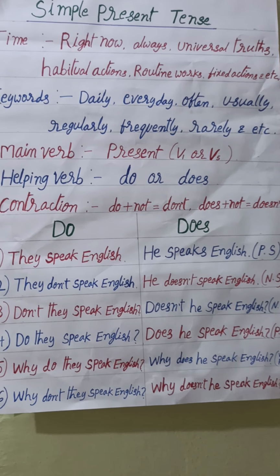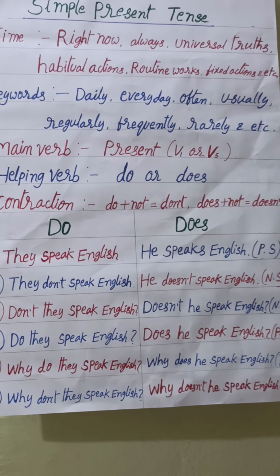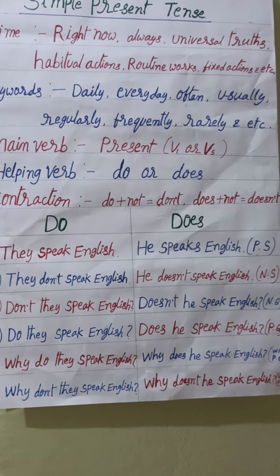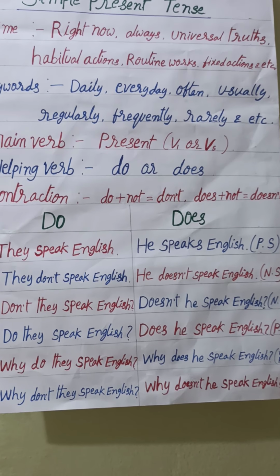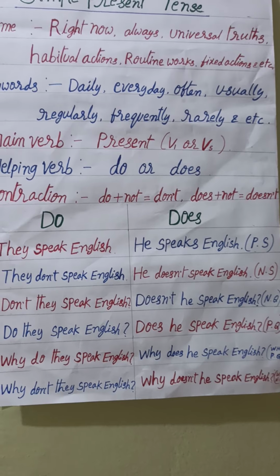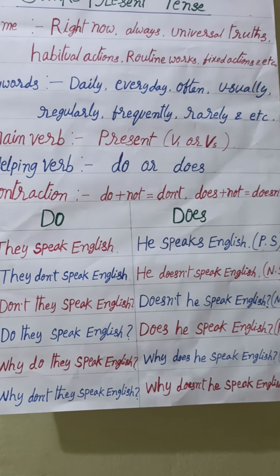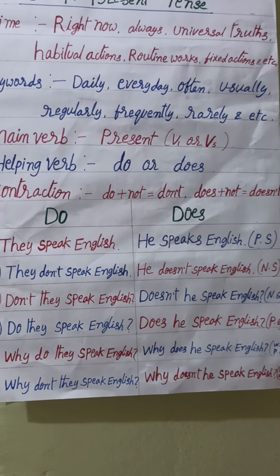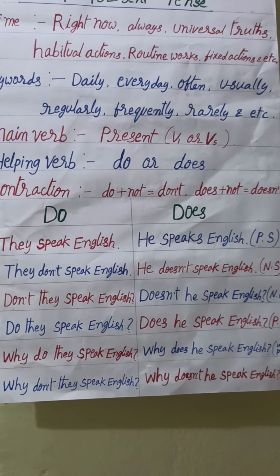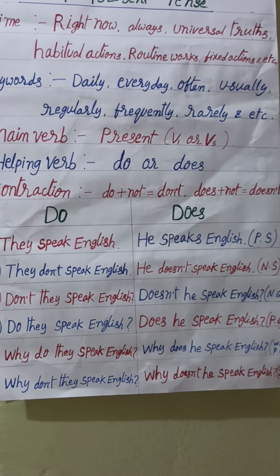Second sentence, they don't speak English. Here we add don't. Do plus not, short form is don't.